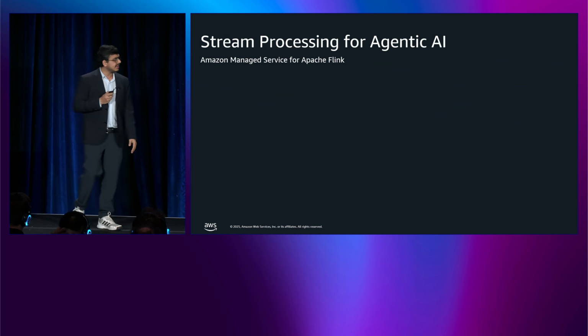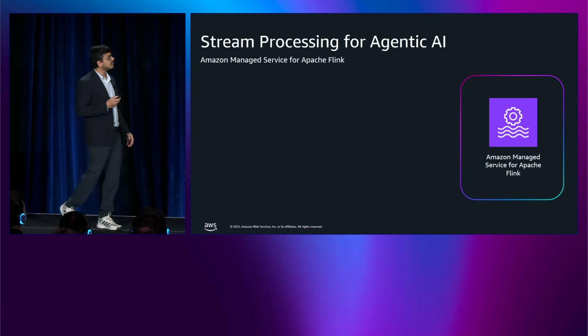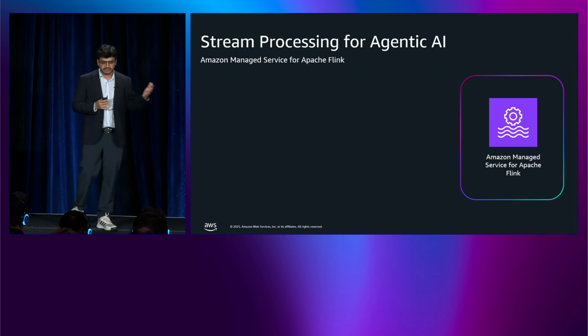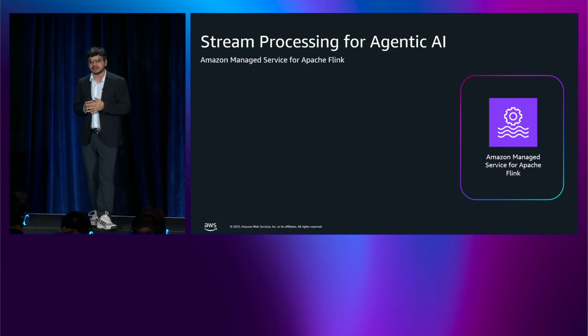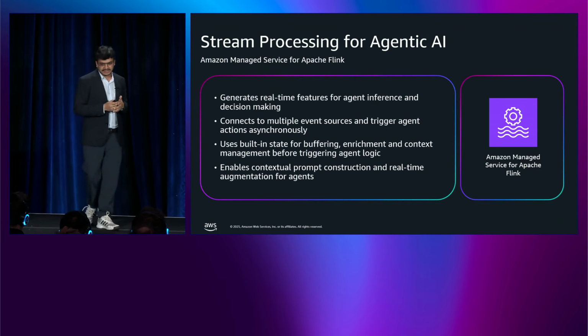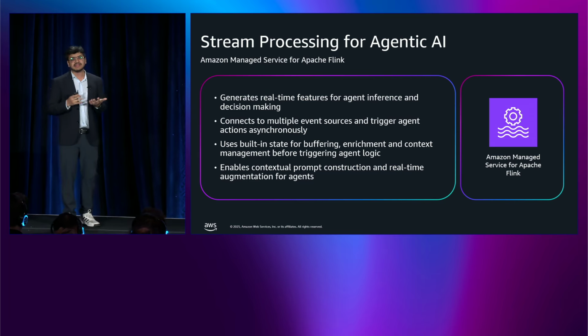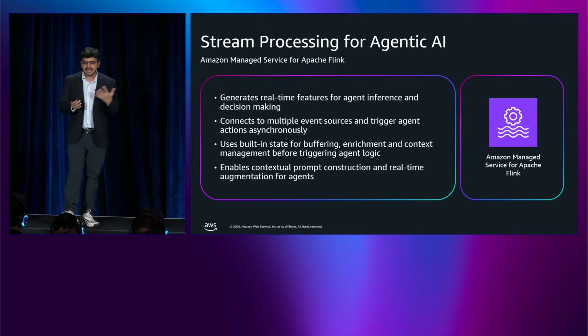Once you have data flowing from the streaming services, you need a processing layer which can help enrich or transform the data. So here we have Flink, which can process a continuous stream of data in motion by aggregating metrics, correlating anomalies, and producing real-time features which AI agents can use for reasoning.